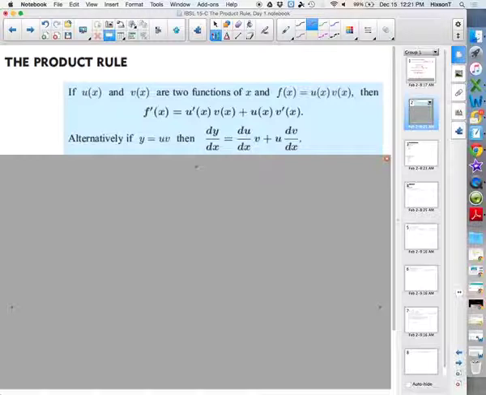I know u and v kind of look alike if you're writing a little sloppy, so be very careful. But we're going to stick with using u and v because everybody uses u and v, so get used to seeing it. We have these two functions of x, and f of x is u of x times v of x.